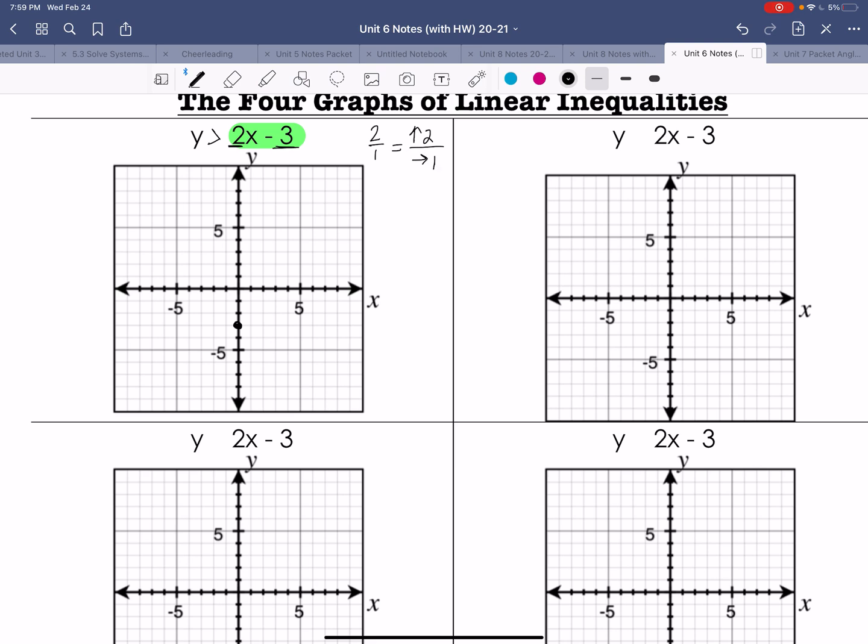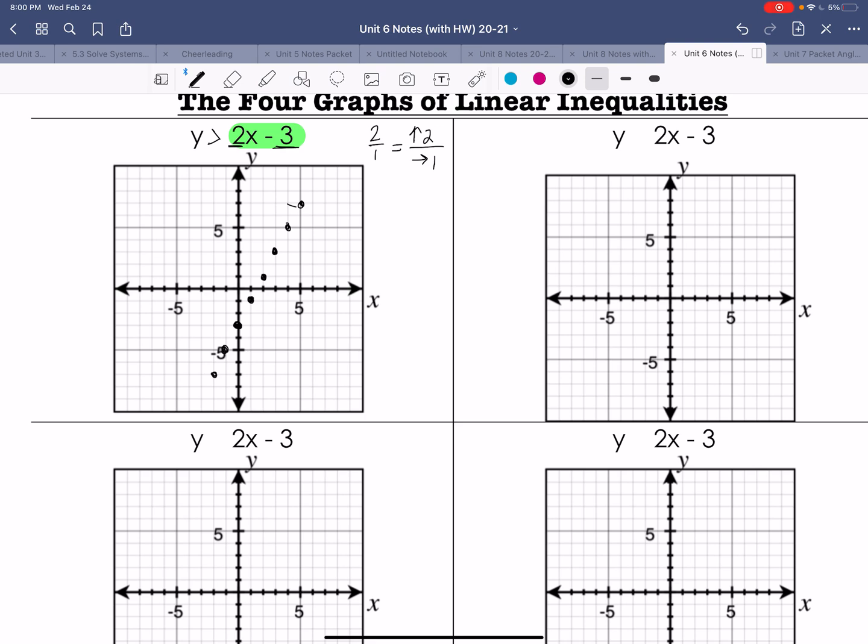So from this point, I go up 2 over 1, up 2 over 1, and I'm going to do quite a few points here because I want to make sure I cover my graph. And then I can also go down 2 to the left 1, okay? So there's a good amount of points to start with.